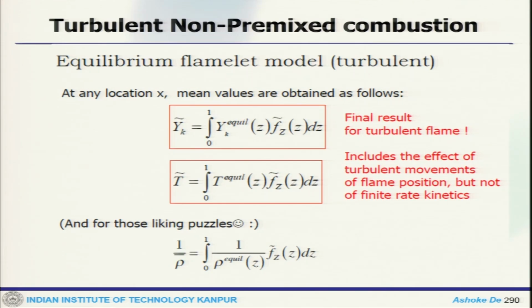So, if you go to the equilibrium flamelet model under turbulent condition, at any location x, you can find out the mean values, and then the mixture fraction, and using the information of the mixture fraction, you can find out the Favre average mass fraction using the equilibrium information of Z and the probability distribution function.